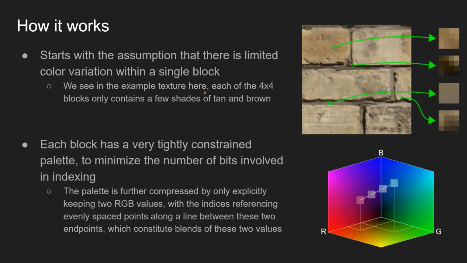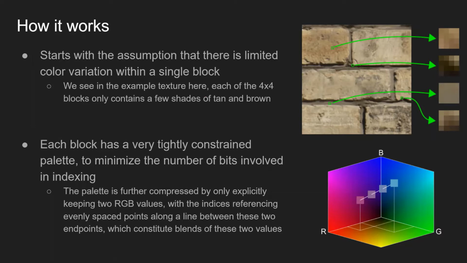So the way that these approaches start out is they make this assumption that there's a limited amount of color variation per 4x4 pixel block. And you can see here in this bricks image, there's only a couple shades of tan and brown in each one of these blocks.